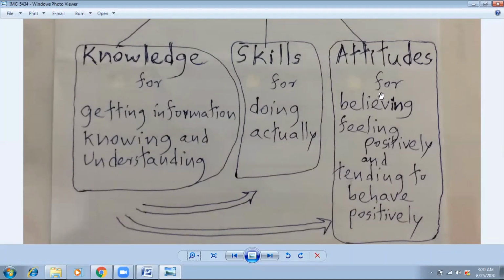Do you believe in this lecture? Do you believe in human resource management? If you do, then you have believing. Then how do you feel about human resource management? Do you feel positively? If you do, then you have positive feeling.